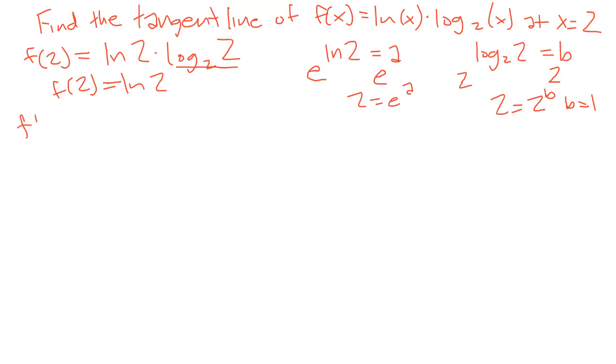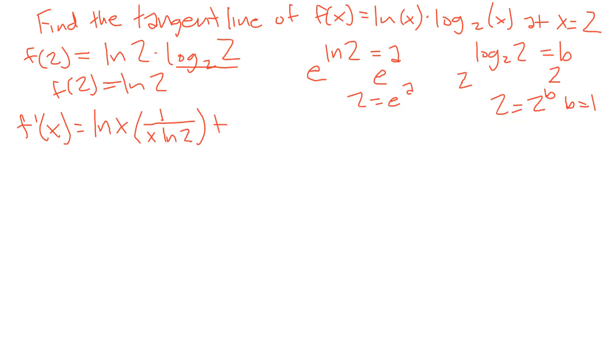F prime of x is going to use our product rule. So we take our natural log function times the derivative of our log base 2 function. As we said earlier, if we take the derivative of that log base 2, we're going to be left with 1 over x natural log of 2.